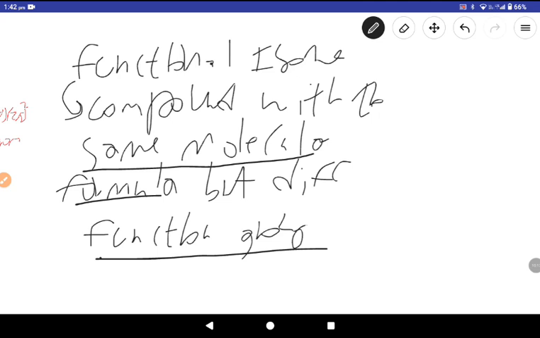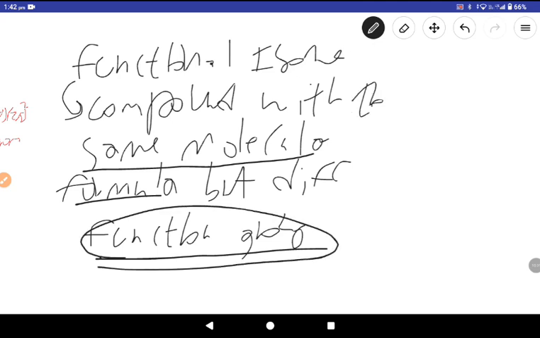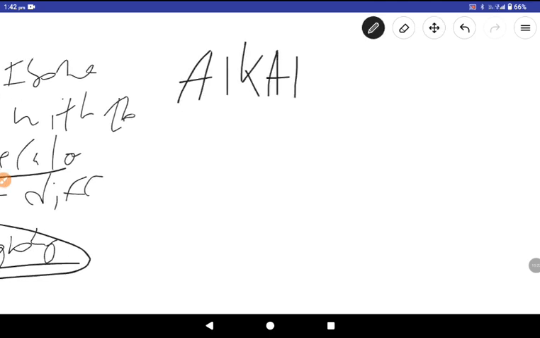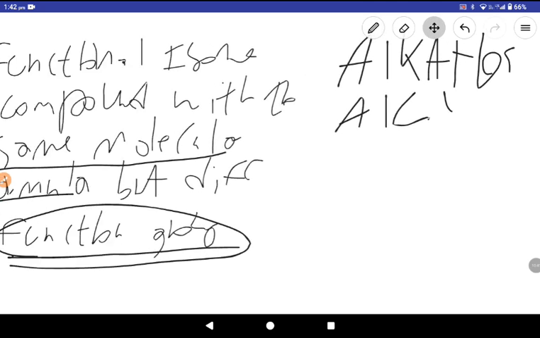When we talk about a functional group, we have something like alkanes, alkenes, alcohols, and so on. You name them, esters, and so on. And we have two pairs of functional groups all the time.